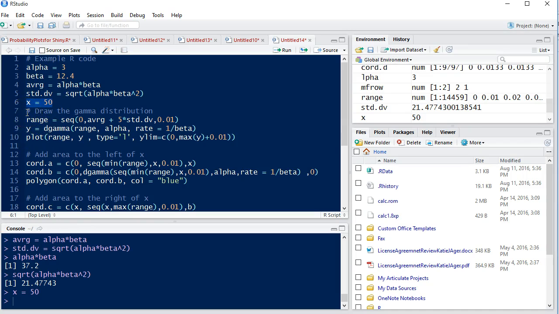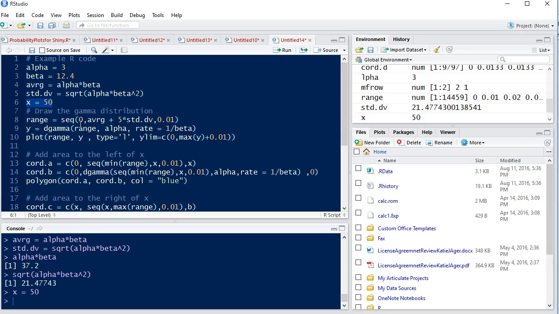Now I want to draw the gamma distribution. So the first thing is that I've set up a range of values, and it starts at 0. By definition, the gamma distribution has a lower bound of 0, but its upper bound is infinity. And so that's really not possible to see on a graph. So here I have instead just made the graph go out to 5 standard deviations past the average.